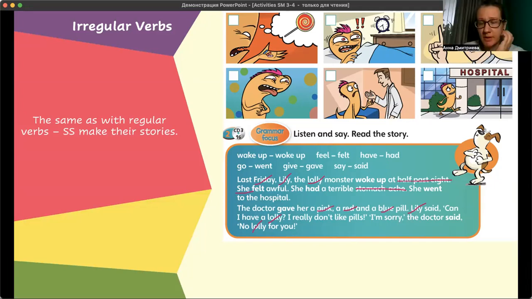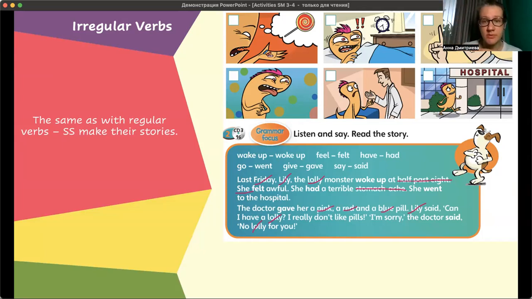Okay, may I add about these monsters and Harry? Before making the story, I usually ask the children to read to each other the correct variant of the story, so they get accustomed. After that, there was an explanation that this is past and so on, and I draw something for them.